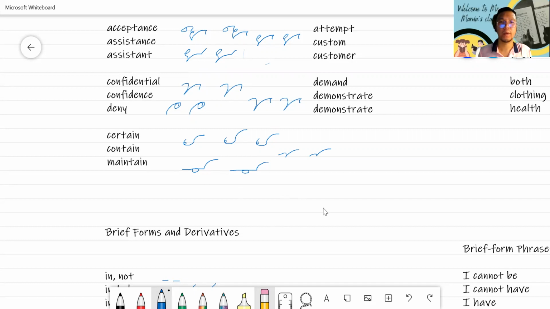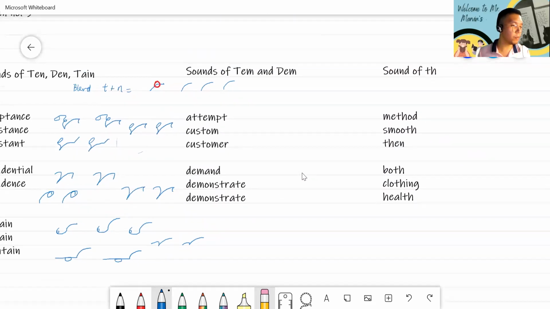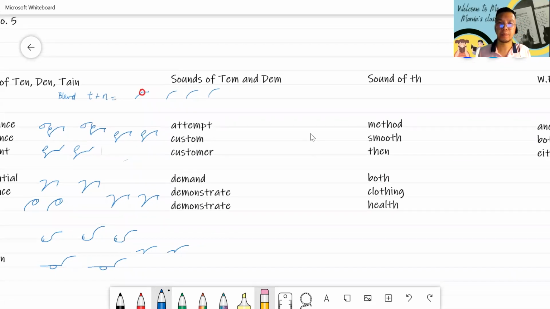All right. So I hope that you are all following. Let's move on to the sounds of ten and them. The sounds of ten and them is actually a blended T plus the M symbol. Same with the combination of the T and M, we have this T and M symbol.